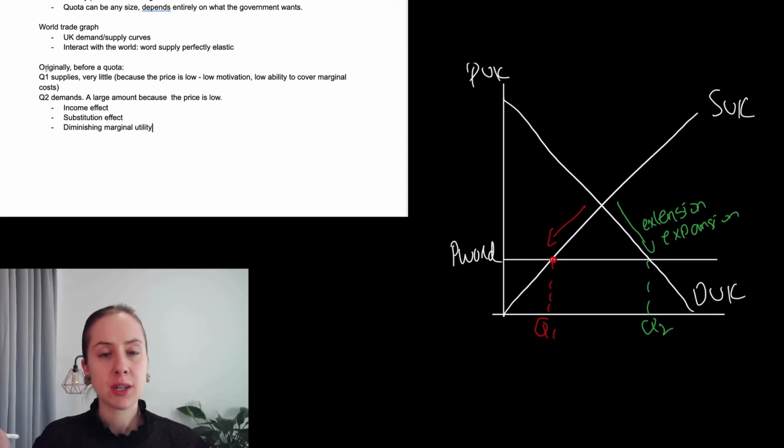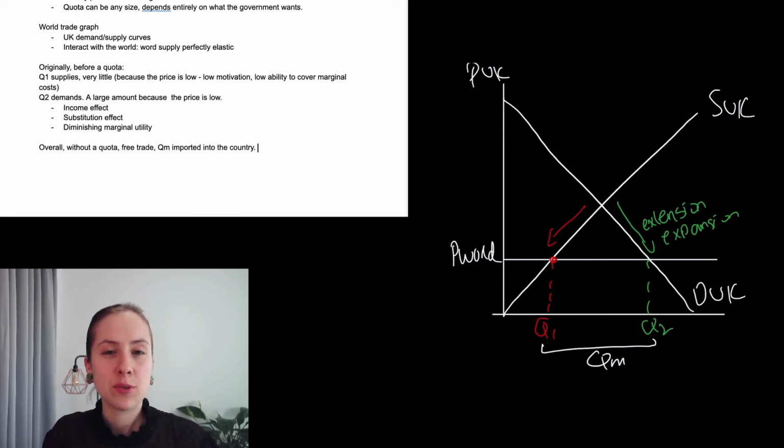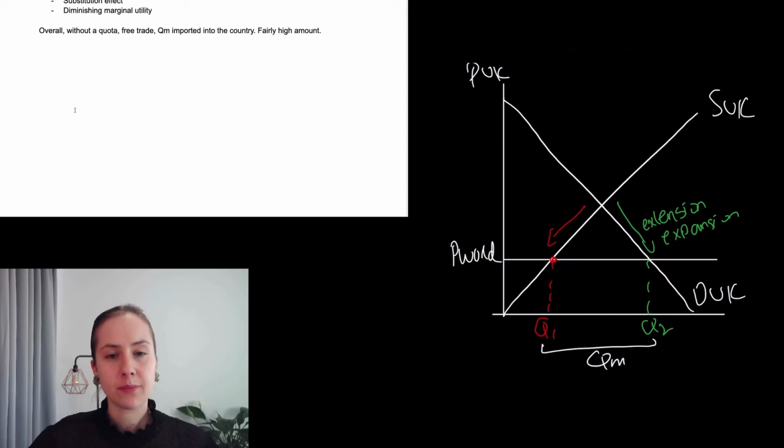So we have Q2 demanded and Q1 available, and we know that that's going to lead to QM being imported into the country. So overall, without a quota and in a free trade scenario, there will be QM imported into the country, and this will be a fairly high amount because the price is low and demand is very high and supply is very low in the UK.